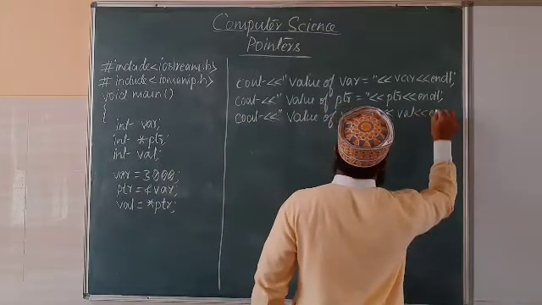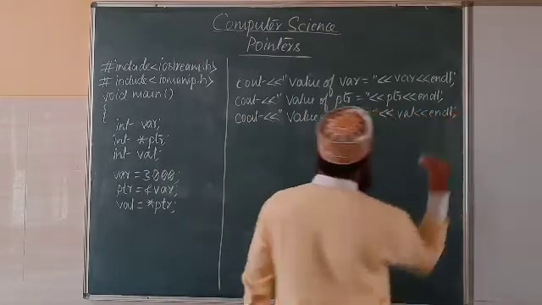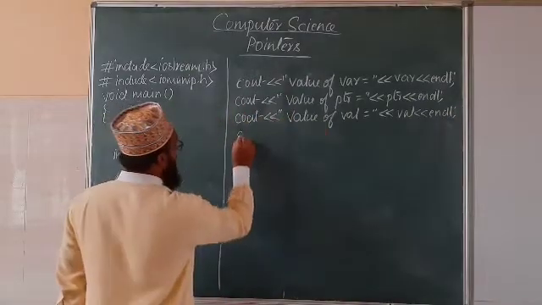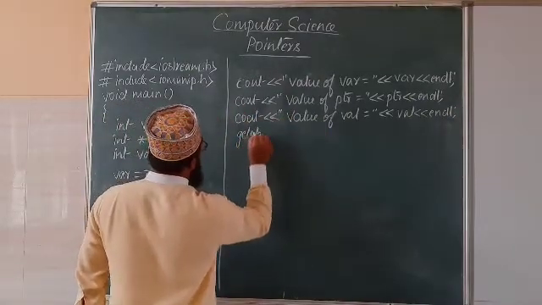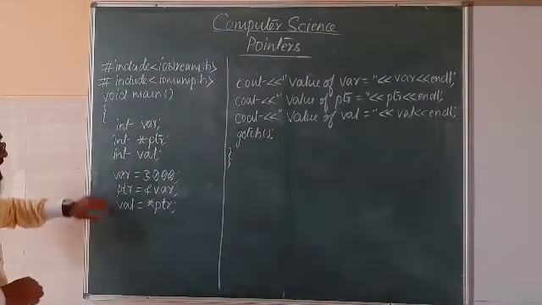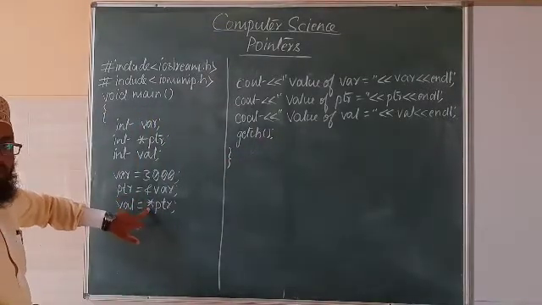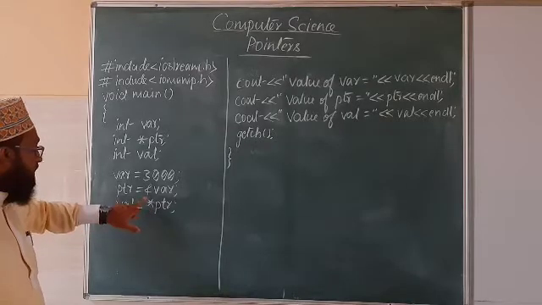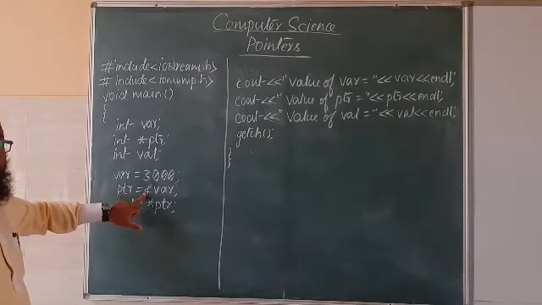After that, endl. Then getch, then close the program. Let's see here, the indirection or pointer operator is used and the address of operator is used.